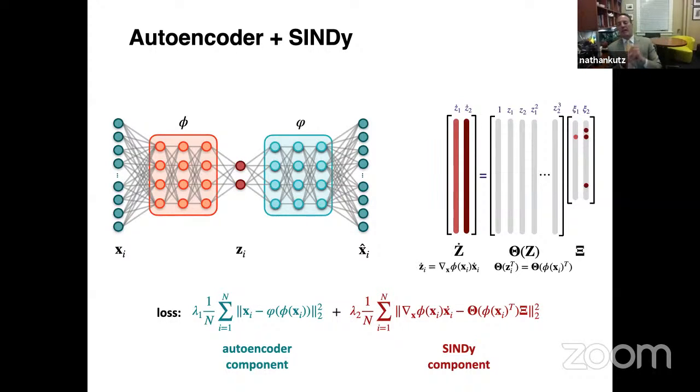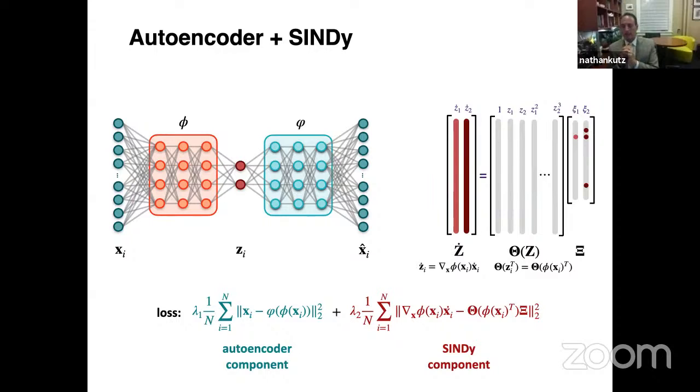The loss function has the autoencoder portion, which is come into this coordinate system, come back out with a loss function. And then in this new variable, do the SINDY regression. But notice I've framed the SINDY regression in terms of the X variable, not in terms of Z. And of course, you could ask the question, why did I do that?